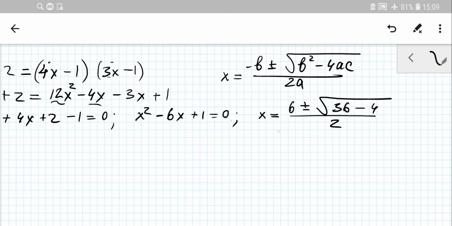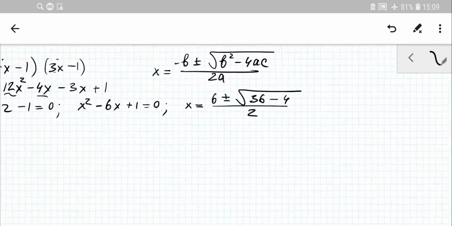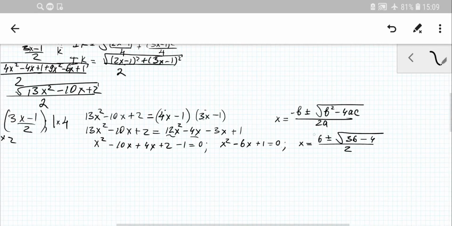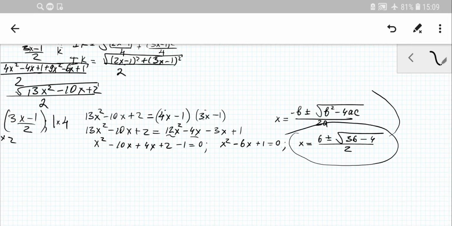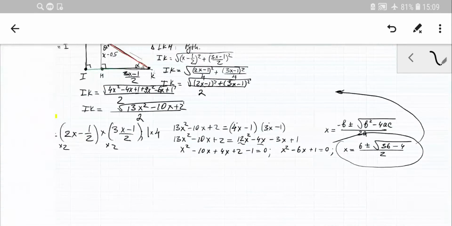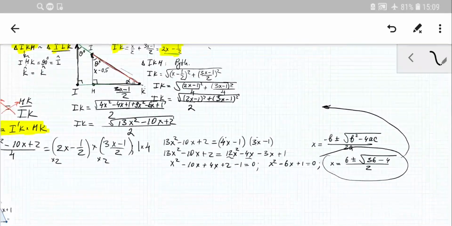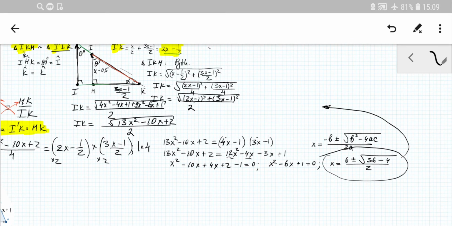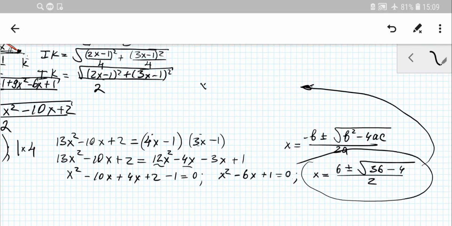And over 2. Okay, so grab calculators and let's calculate. So I just use that and I return somewhere on top so that you can see the final answer. So the final answer here is x1 equals something, x2 equals something, because obviously we'll have two values. 36 minus 4 under the square root is 32.